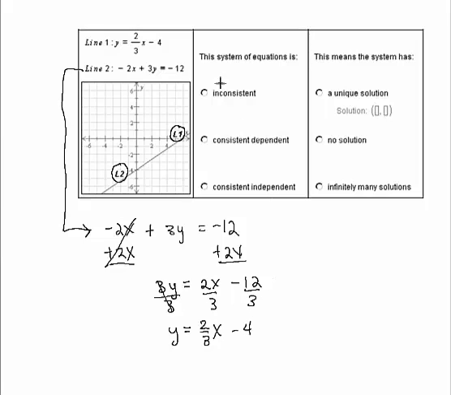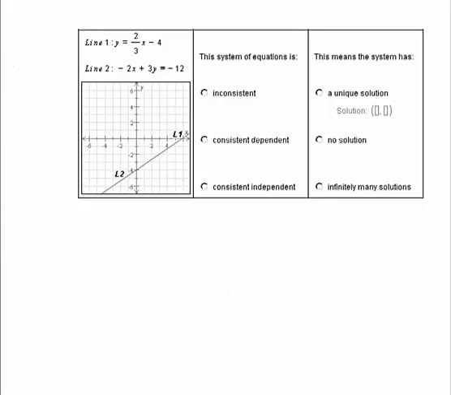These are identical lines, and so we would say there is a solution. They do share some common points, so it is consistent, but it's dependent. And we say that there are infinitely many solutions because they overlap. They share all of the same ordered pairs.